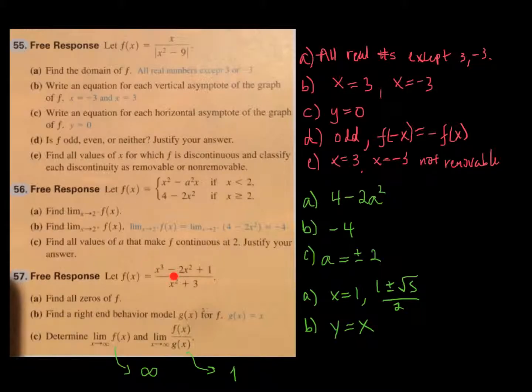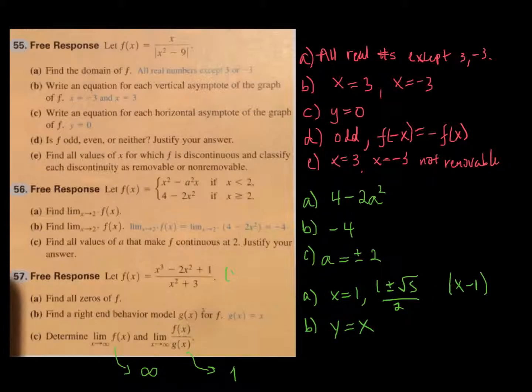Honestly, you would probably want to use a calculator if you're allowed. You can graph it and find the roots, or you can use Wolfram Alpha, obviously not on the test. But what you can also see is that x equals 1 would work. And once you know x equals 1 works, you know that x minus 1 is a factor.